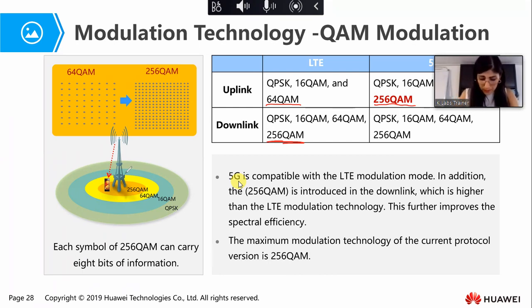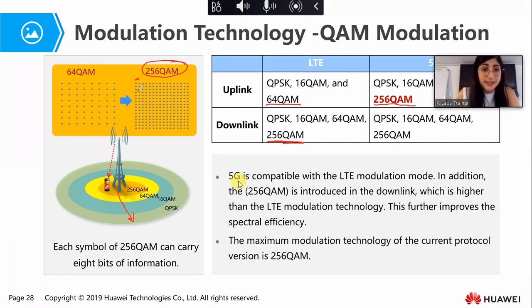So what happens is that if the user equipment is closer to the base station, we can have a very good quality of our signal, so we can use 256 QAM. But as the user equipment moves far from the base station, some noise is introduced, some distortion is introduced. So if we use 256 QAM, these symbols will overlap each other. And it will not be possible to actually demodulate our signal.